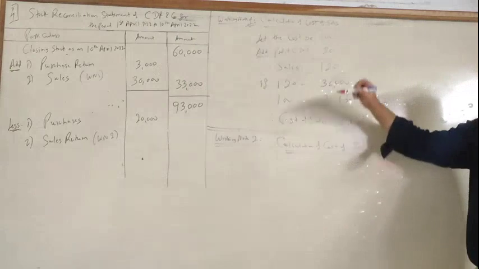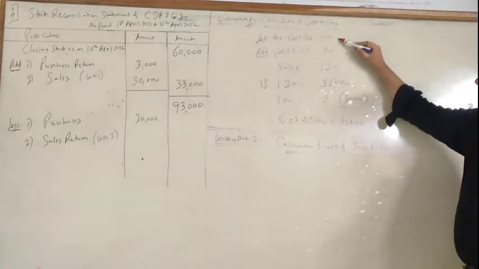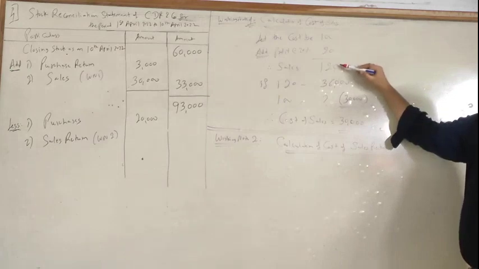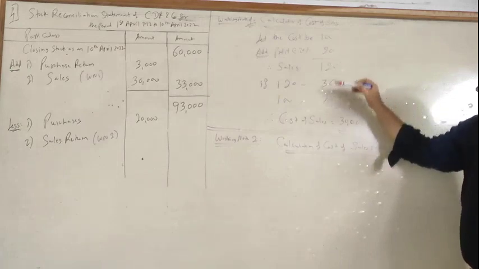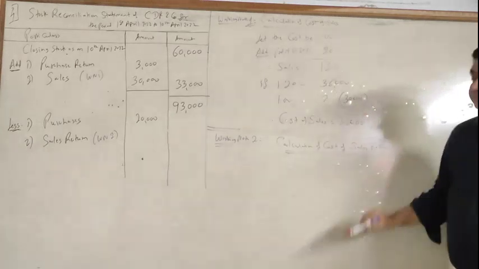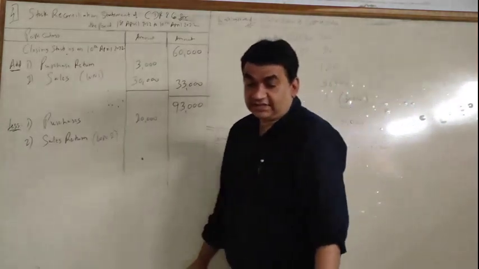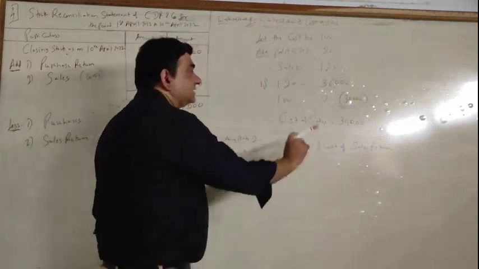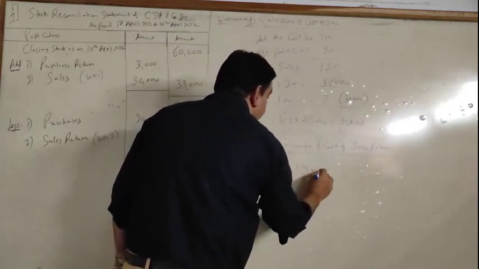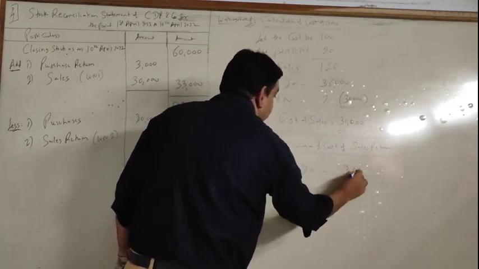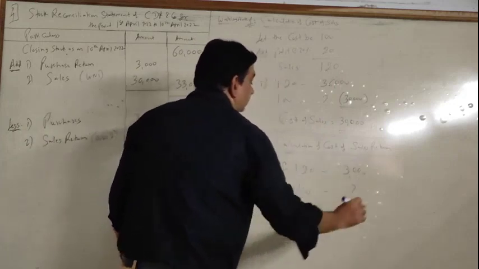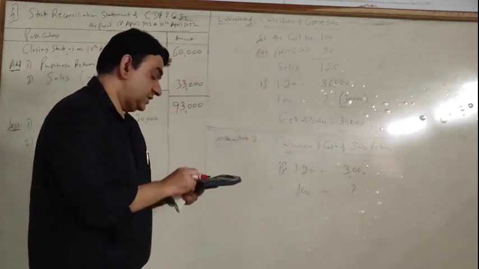Now listen. Cost 100. Profit 20. 100 plus 20, 120. No need to write it again because that remains same. Now, what is the selling price given? 3,000. Selling price sales that is 120. So straight away we will do, if 120 is 3000, I want cost of sales return, 100 is how much?